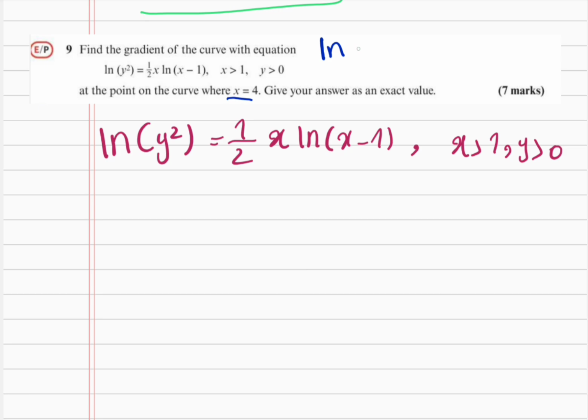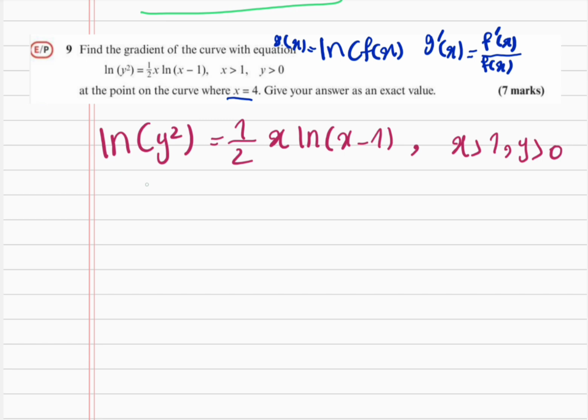For example, let g of x be equal to ln of f of x, so you have a function inside ln. Then g dash x, its derivative, is equal to the derivative of the inside function, f dash x, over the function itself, f of x. I have different videos on this topic, and you can watch them if you think you need to revise.